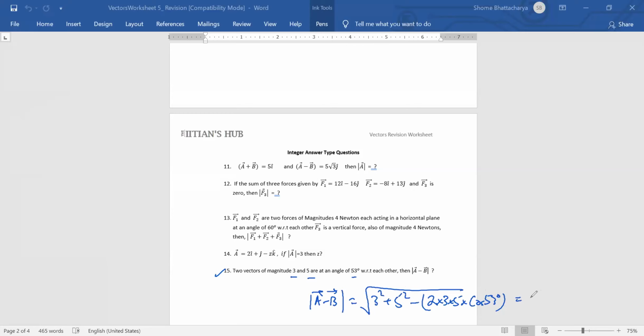Okay, so that will become 9 plus 25 minus 18. So 4. Okay, because cos 53 you will substitute as 3 by 5. That's correct, Hitanshu.